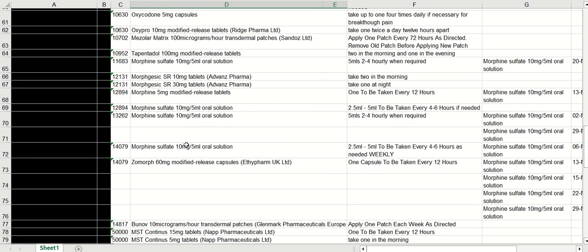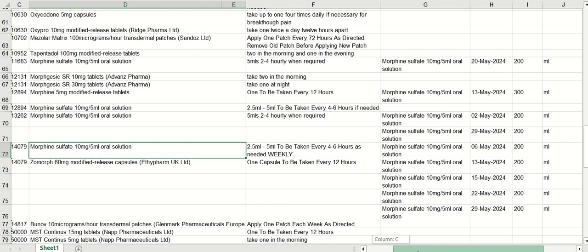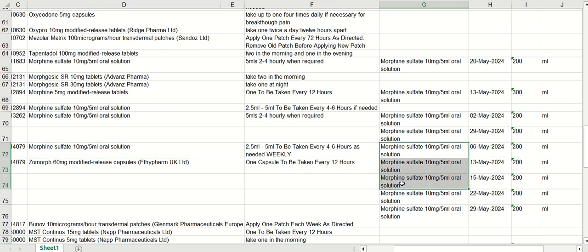So again, there's a patient here, 14079. We can see that they're already on Zomorph 60 twice daily, so they're already on the 120, but they've also had 1, 2, 3, 4, 5 issues of morphine, and that's 200ml a time. So there's 1,000ml or 200mg of morphine, which you divide by 30, which I guess is around 33mg a day.